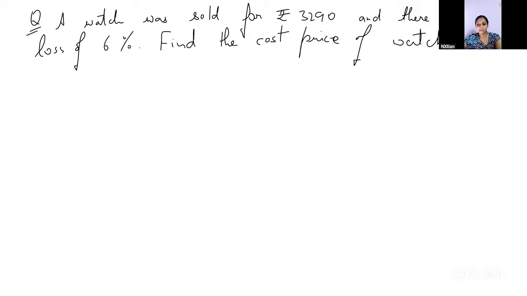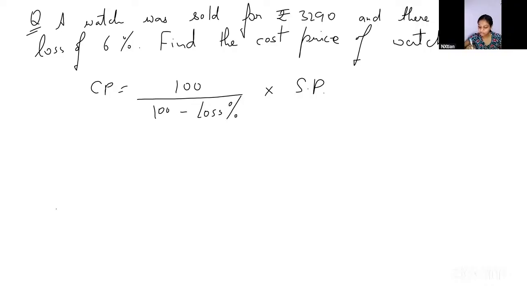Now to find out the cost price of the watch, we can use the formula: cost price equals 100 divided by 100 minus loss percent, multiplied by selling price.